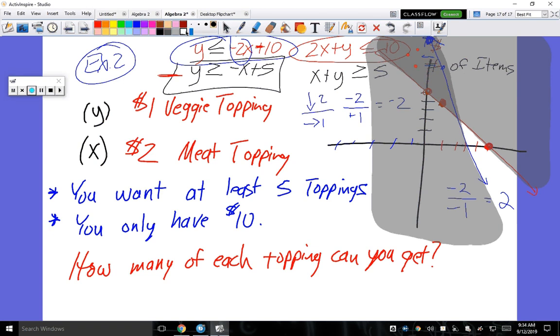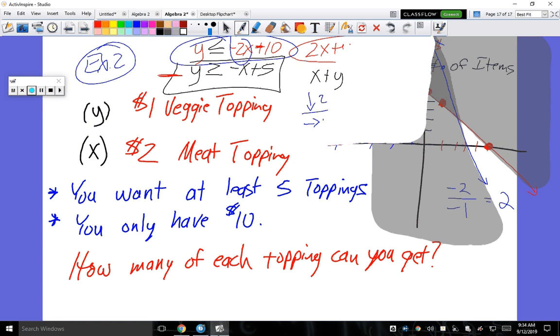Yeah, so you're not going to have this. This would not exist on your graph. The only parts that are going to exist are the y-axis and basically to the right. So my answers will be here, here, here, and all the shaded region in between.